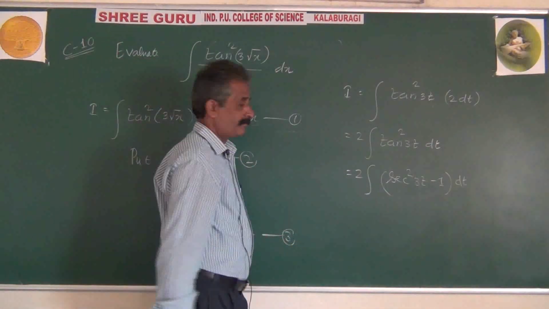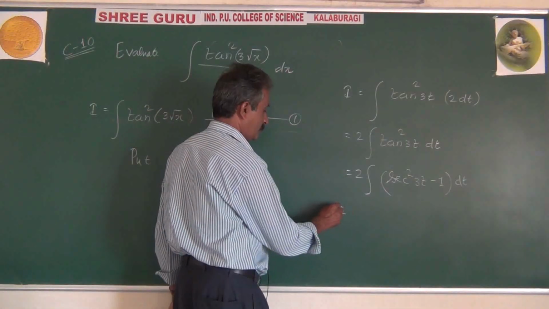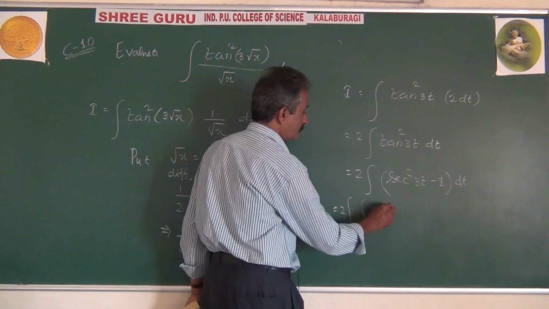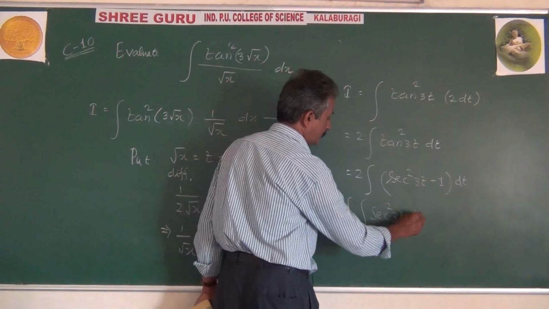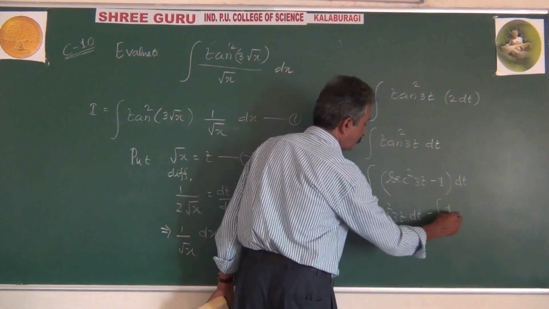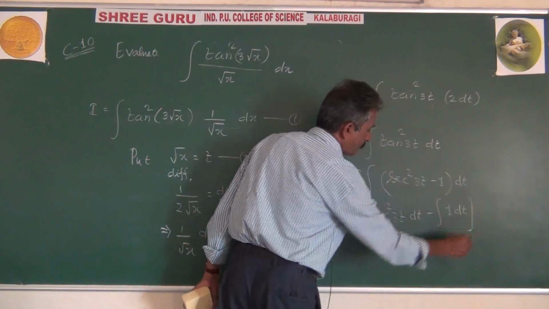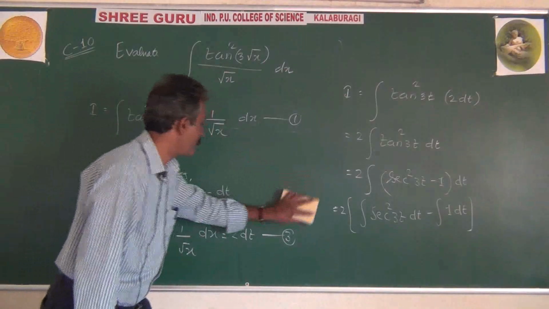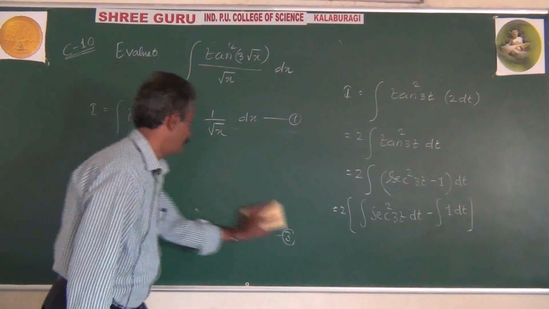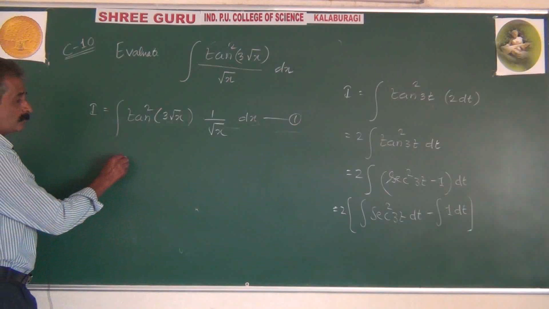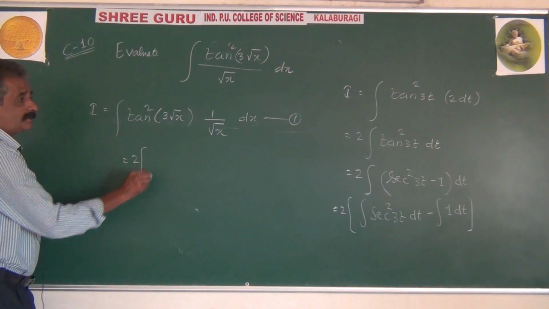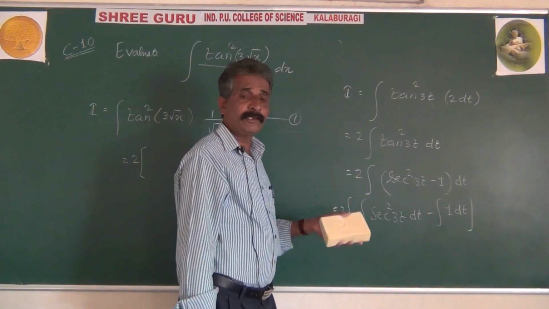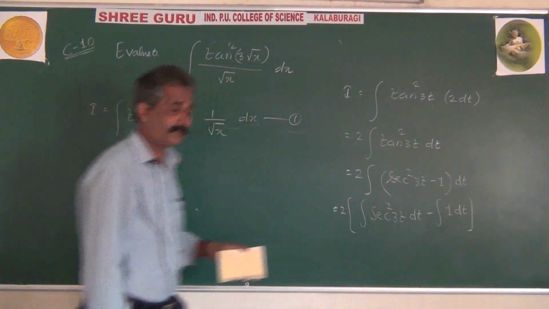Now we can split the integration. 2 into first term integration of secant square 3t minus integration of 1 dt. That is equal to 2 into, how much? Integration of secant square 3t is tan 3t, not only tan 3t, divided by 3.